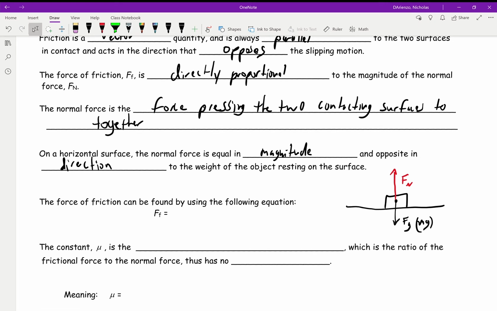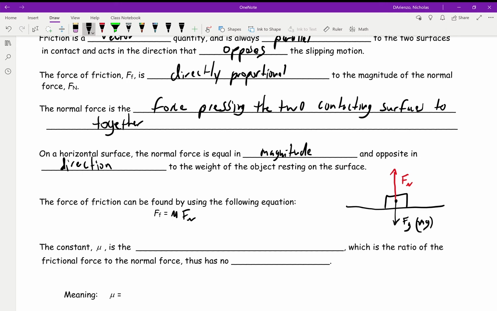Now to figure out the force of friction, we can use the following equation, where the force of friction is equal to our coefficient of friction times the normal force. And again, the normal force is equal in magnitude, opposite in direction to the weight on a horizontal surface.